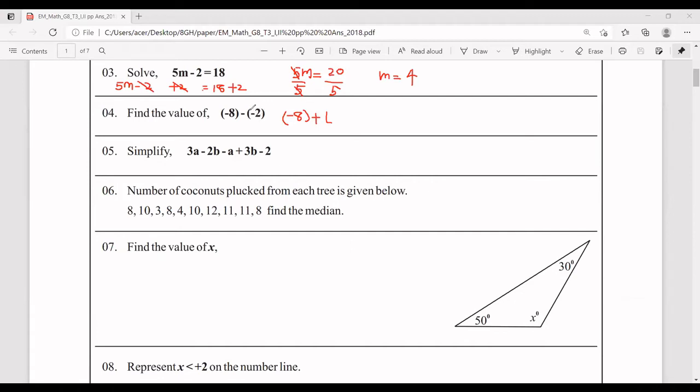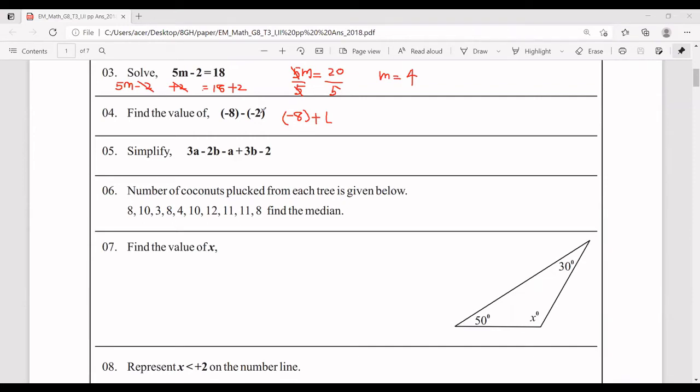What is the second term here? Minus 2. Get the additive inverse of minus 2. What is the additive inverse of minus 2? Plus 2. Yes, additive inverse means, can you remember? There's a lesson in the first term.